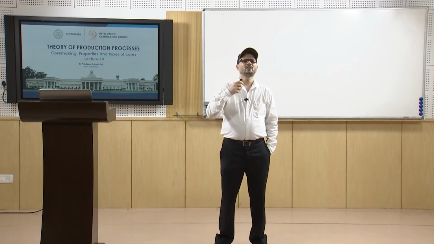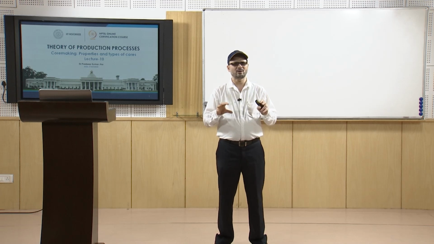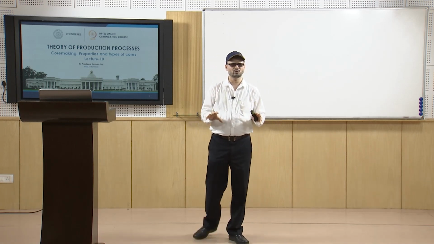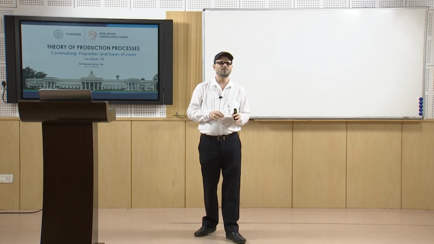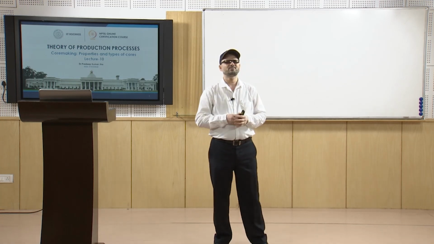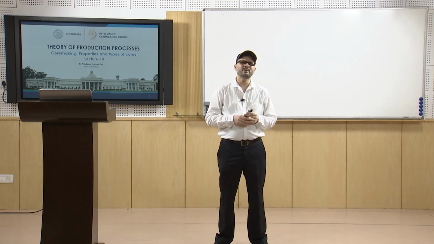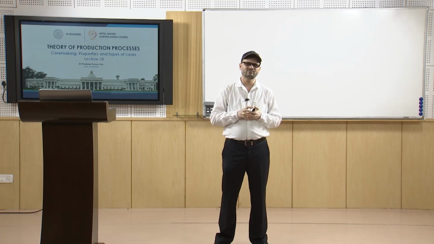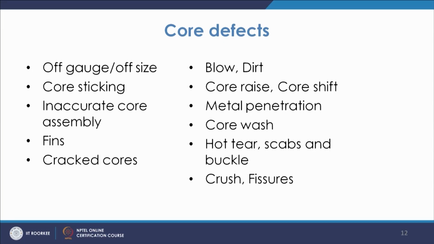Then you have core raise or core shift because of the metal buoyancy. You have to see that the core is placed in the proper position, otherwise the core will shift from its position. Metal penetration depends upon the size of the sand particles making the cores. If very coarse, the metal will penetrate inside, and then there will not be a proper finish of the metal on the internal side.